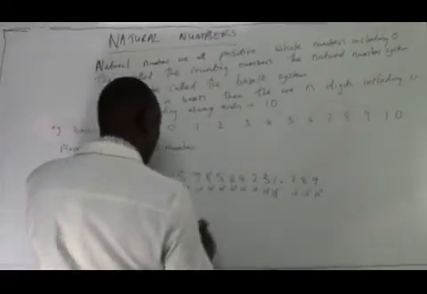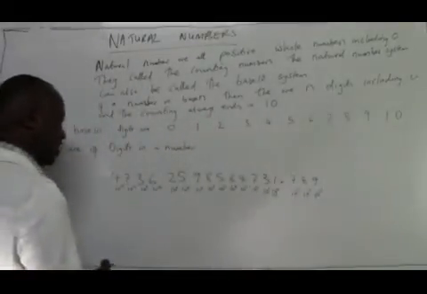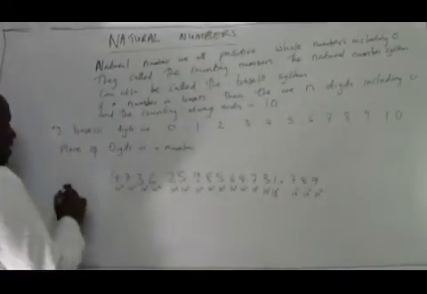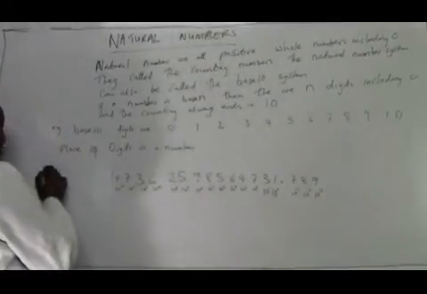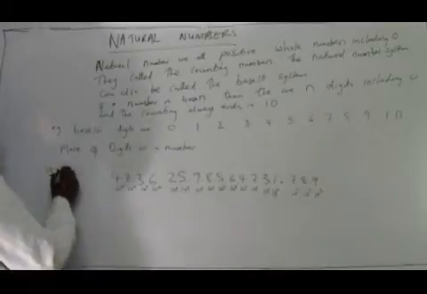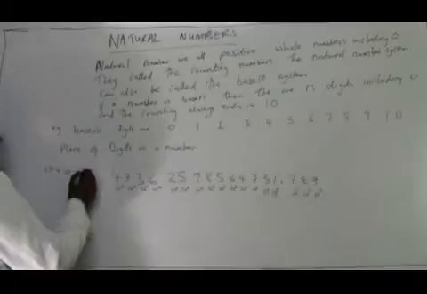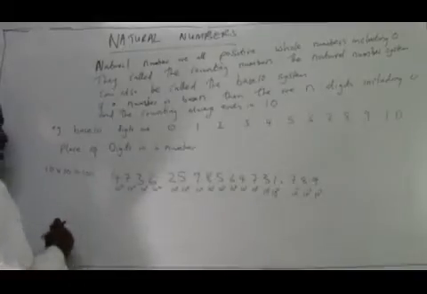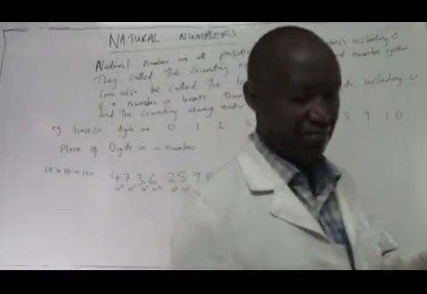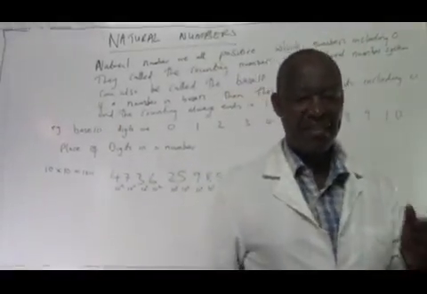I would like to explain a little bit of why we say 10 to the power of something. For example, we know that 10 times 10 is equal to 100. Now, 10 means you have 10 to the power of 1.